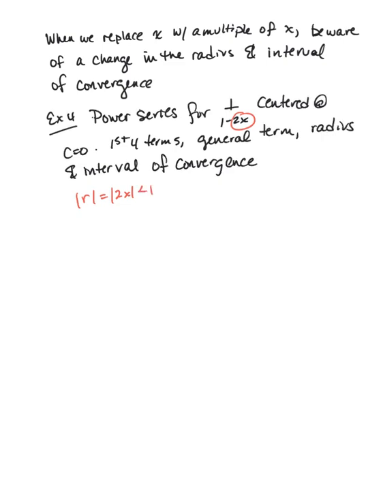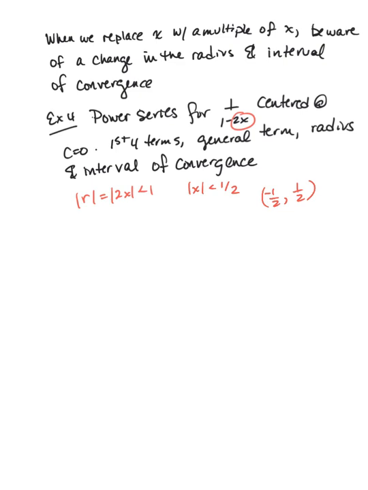So the absolute value of x is less than 1/2. You can see here that your interval of convergence used to be from -1 to 1, but now it's going to be from -1/2 to 1/2.